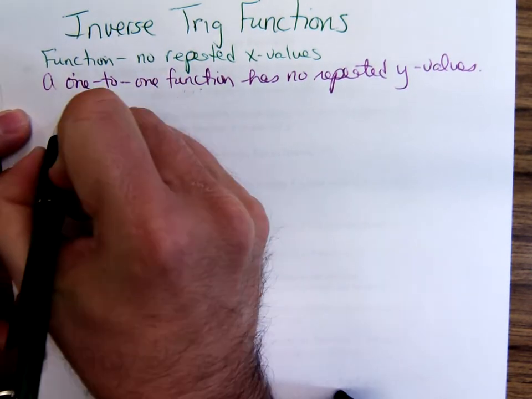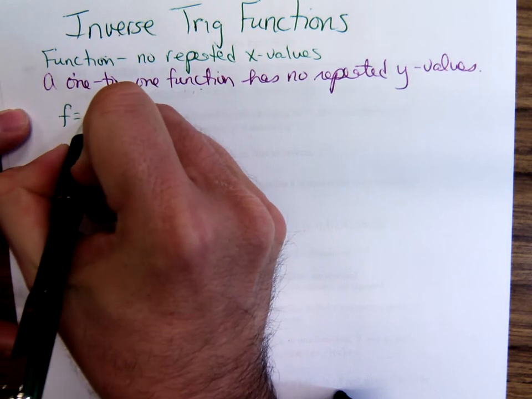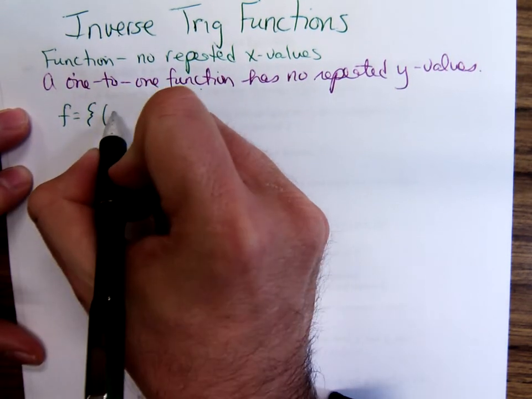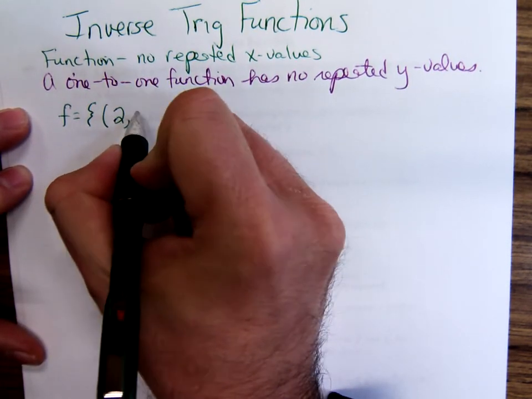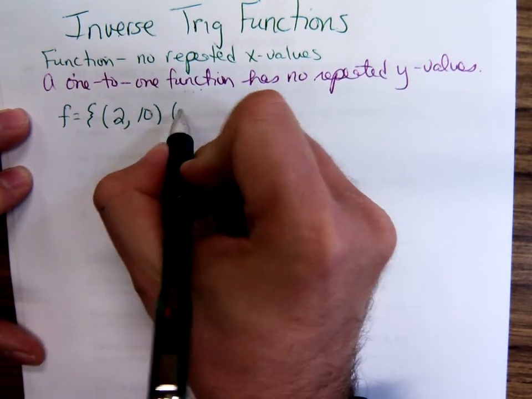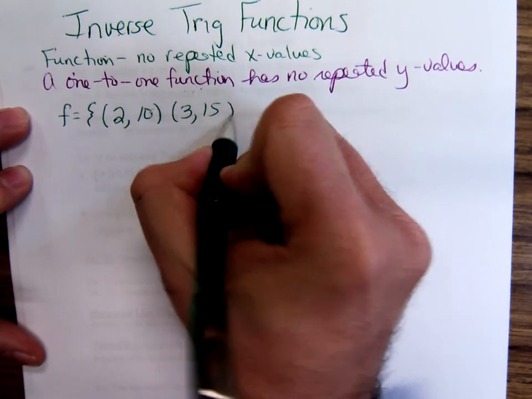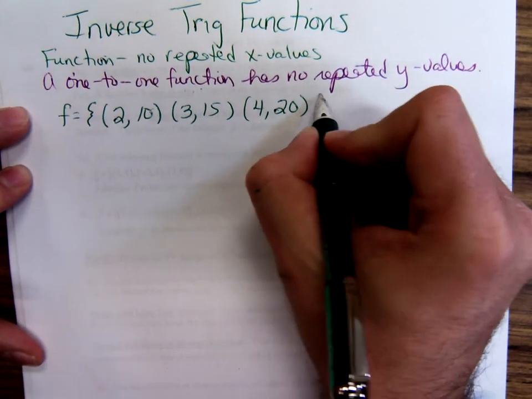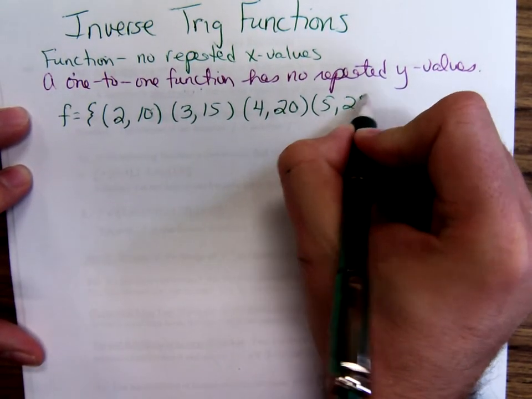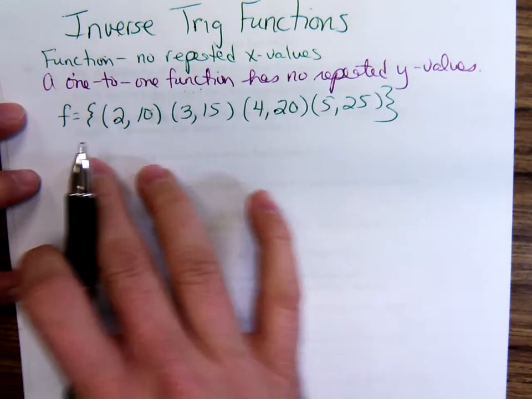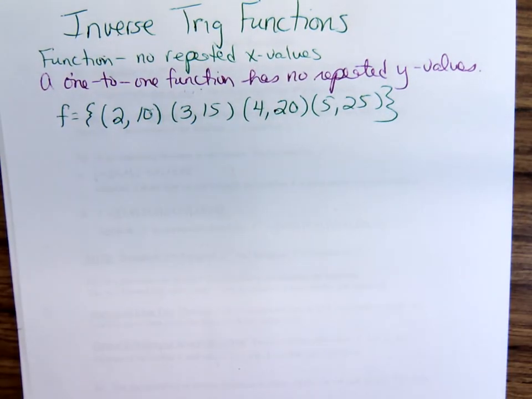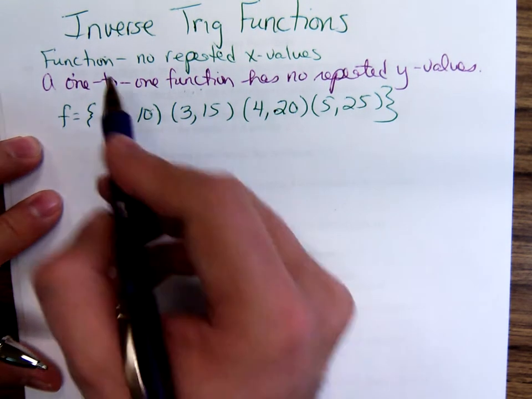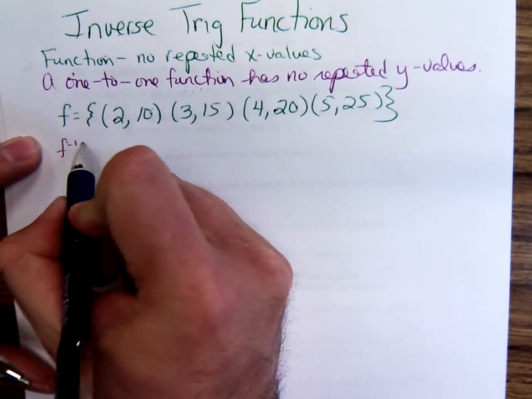For instance, if I just write out a little function as a set of ordered pairs, like this one right here, (2, 10), (3, 15), (4, 20), (5, 25). This is just a little basic algebraic function. If we're going to find the inverse, we would switch the x and y's.